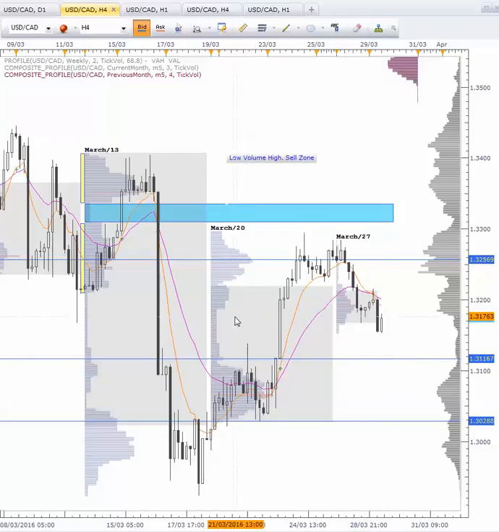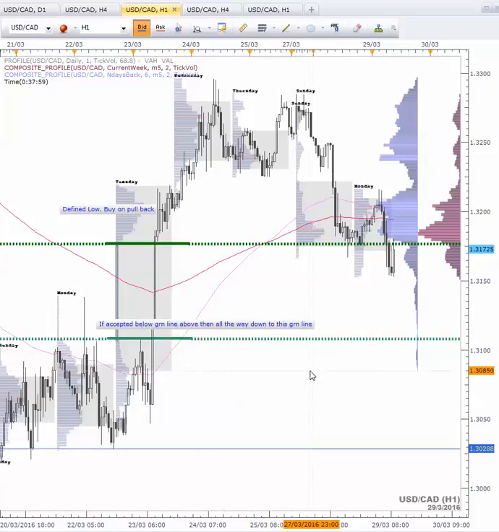On last week's profile, price is now trading in this thin volume area here. So if it gets accepted in this thin volume area, then it will rotate all the way down to the low end of this thin volume area.